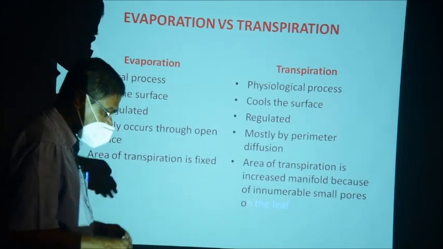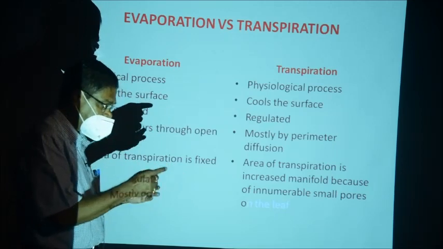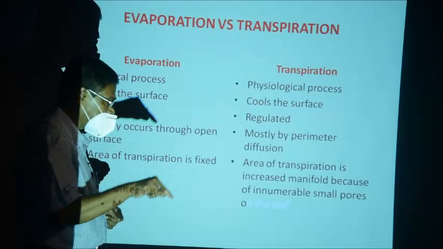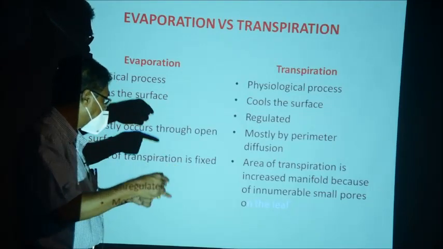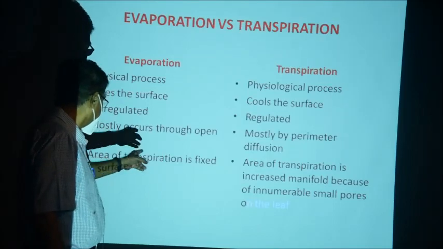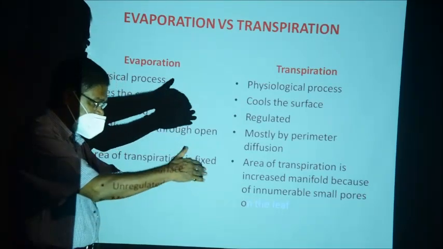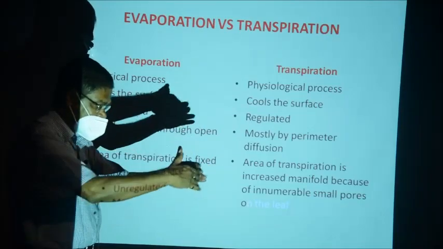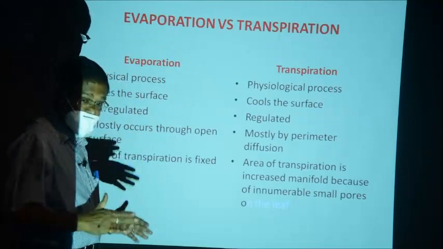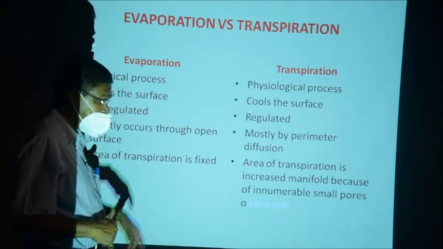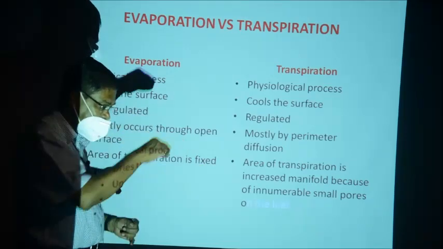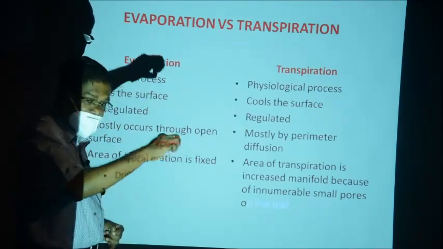What is perimeter diffusion? There is a stomatal pore. The edge of the stomatal pore is called the perimeter. Through the perimeter, the diffusion takes place. Suppose there is a vessel. The vessel area from which evaporation occurs is fixed, but as far as transpiration is concerned, imagine the same vessel covered by a membrane, with a number of pores made on the surface.